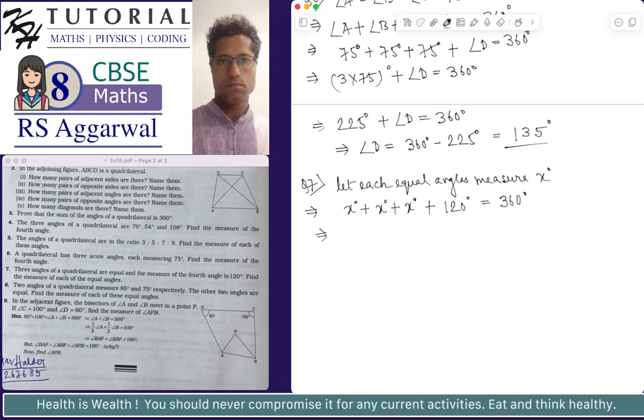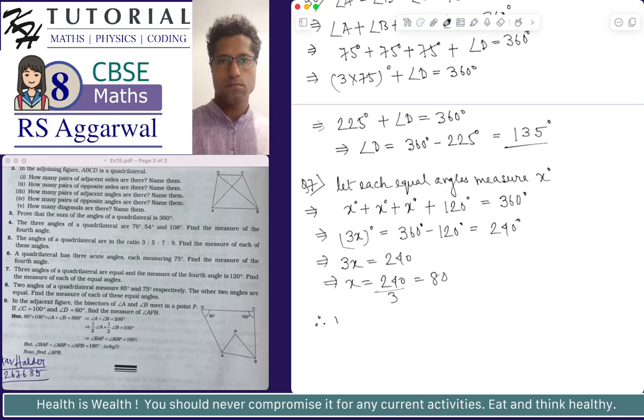Bringing the constant 120 degrees to the right hand side and simplifying the left hand side, we have 3x degrees is equal to 360 degrees minus 120 degrees, which is equal to 240 degrees. Ignoring the degrees, we have 3x equal to 240. So x is equal to 240 by 3, which is equal to 80.